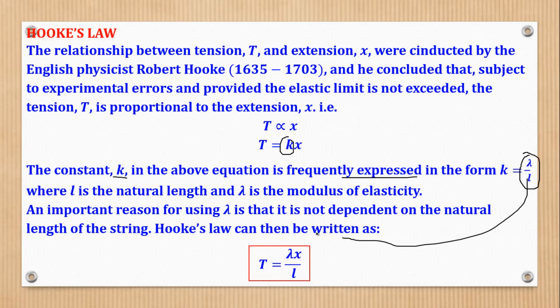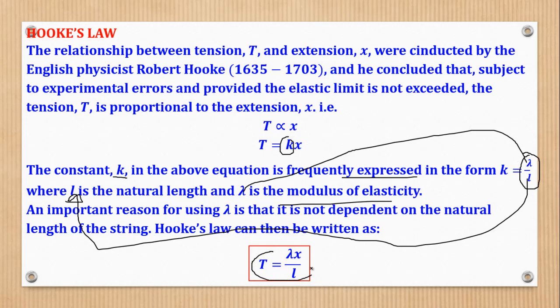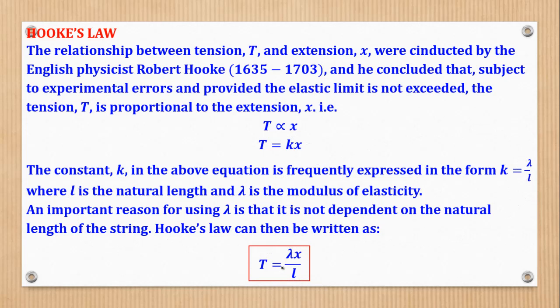L, we have already known, is the original length, and lambda we shall call the modulus of elasticity. Therefore, when we replace k with this, we come up with this general equation, and this is the equation we shall be using always in this topic. So when they ask for tension, just know that it's T = lambda x over L: modulus of elasticity, extension, original length.